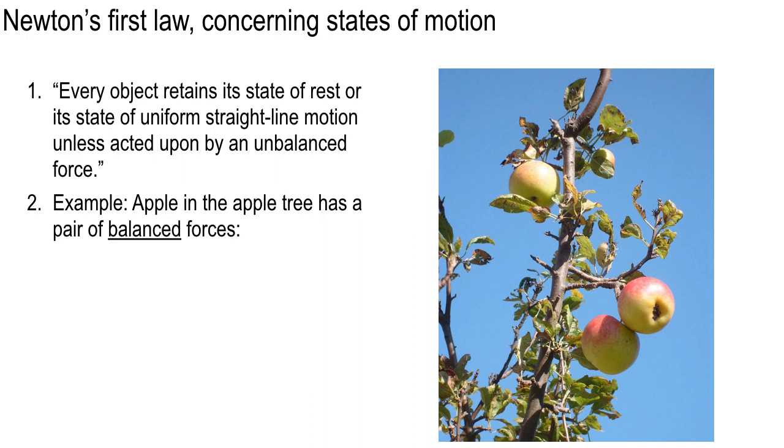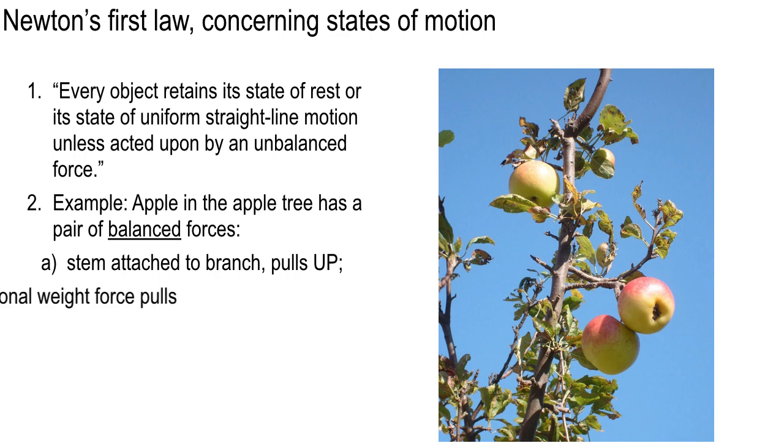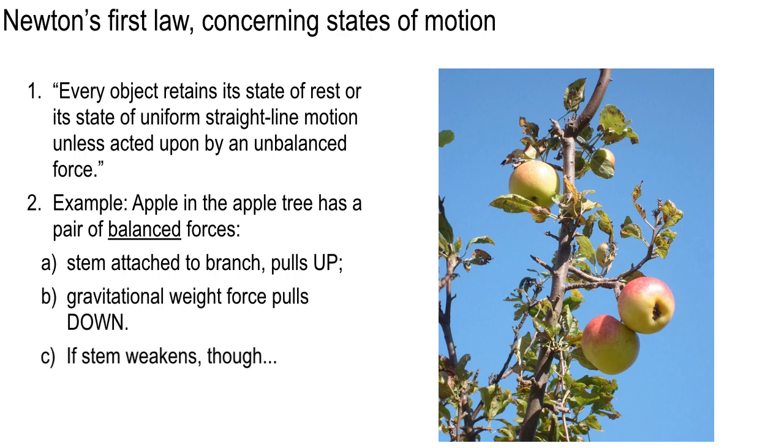So let's do an example of this. Let's take a look at it. An apple on an apple tree. Very common everyday example. So if the stem is attached to the branch, the stem is pulling upward. The gravity is pulling the apple downward, and the stem is pulling upward, and everything is fine until the stem weakens.